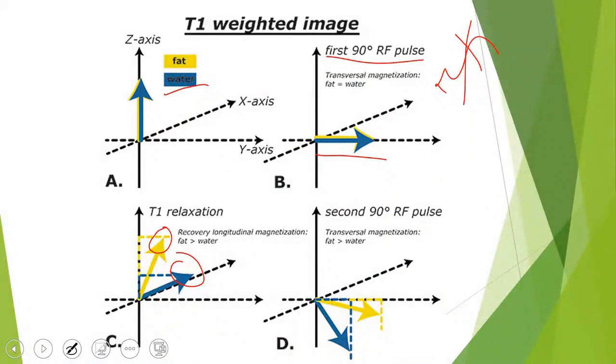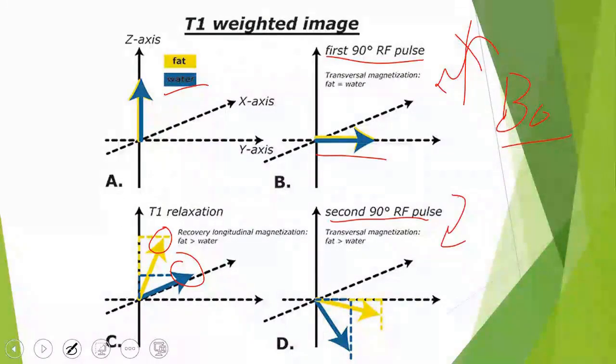Great. Measure the signal for fat. And water is returning in the Z direction now, returning to the Z axis. I can't measure my magnetic field while it's in the same direction as the main field. I can't, right? What to do? You apply another RF pulse at 90 degrees.